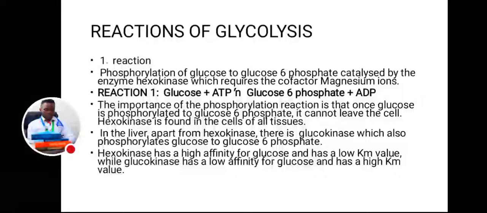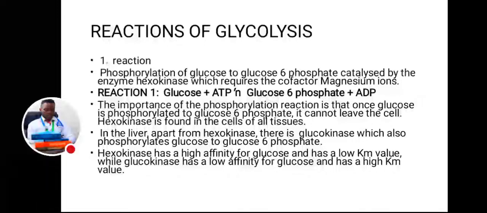So if hexokinase hasn't catalyzed this reaction, we have another enzyme called glucokinase, which has similar properties and function and can also facilitate the first reaction of the preparatory phase, the phosphorylation of glucose to glucose 6-phosphate.